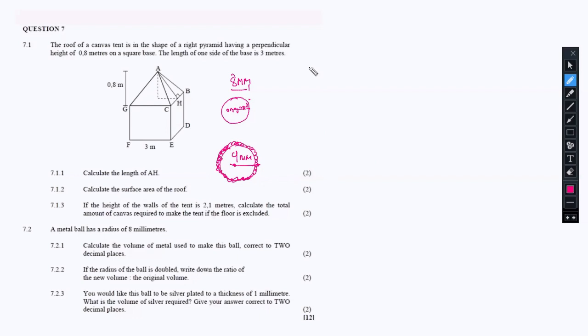So the new volume would have to be 4 over 3 pi r cubed, and this is 4 over 3 pi. The radius is now 9 instead of 8, because now it has the extra 1 millimeter thickness there.